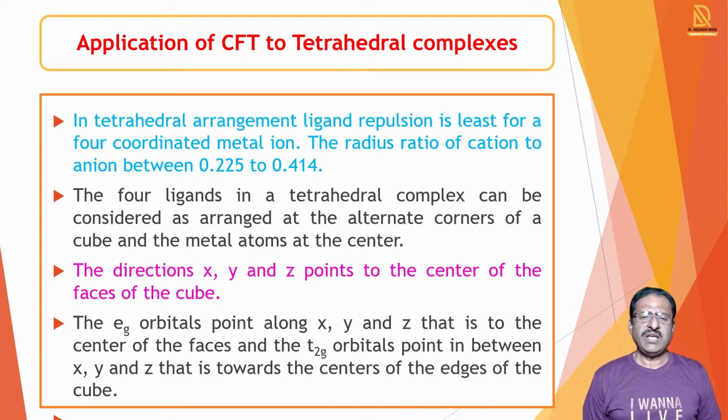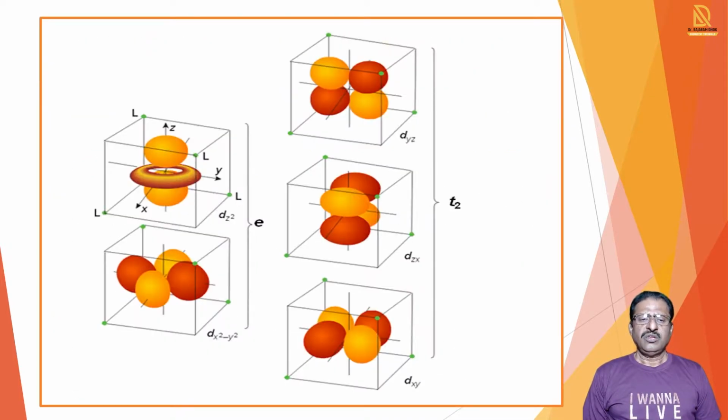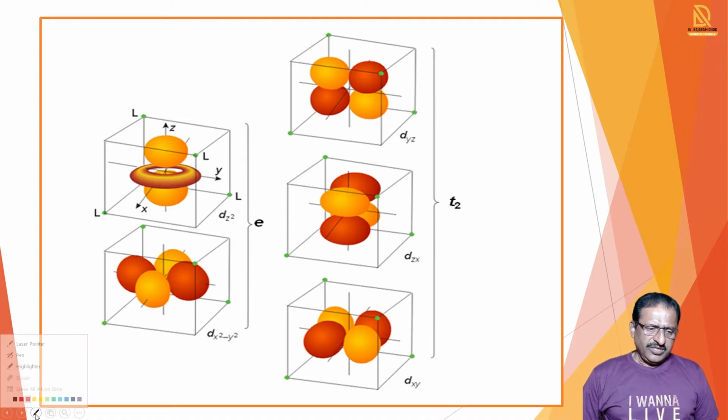To identify that, we see the actual cube. You see these structures. Here, these T2G orbitals and EG orbitals are shown in the cube, and the positions of ligands are given.